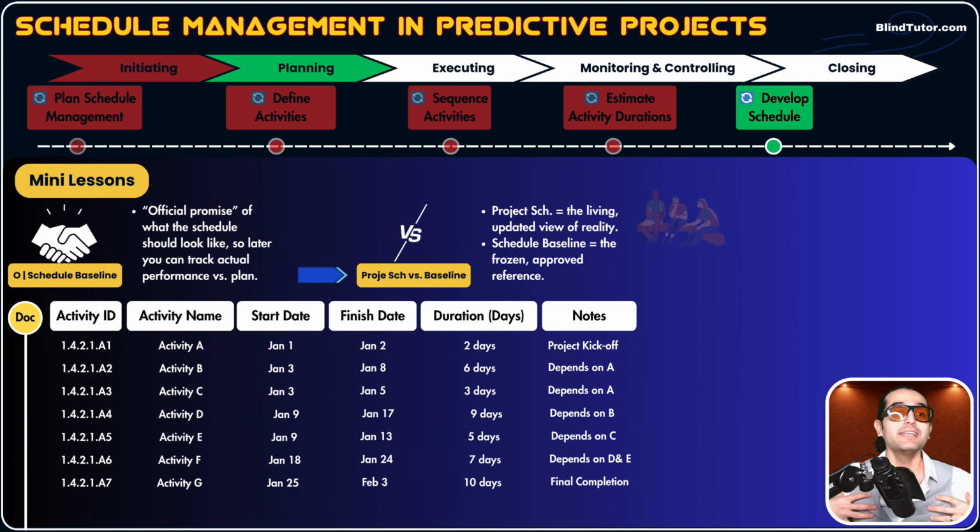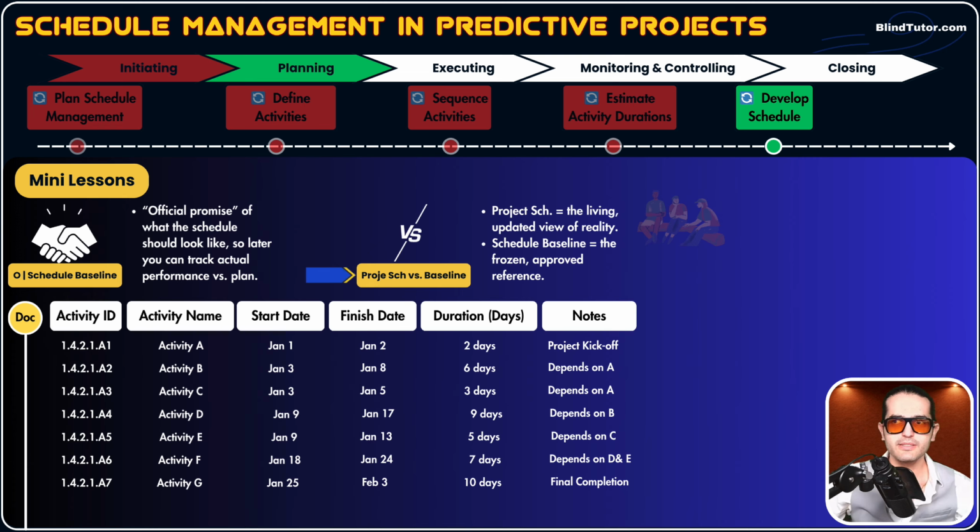We update the project schedule, but we won't update the schedule baseline. We only update the baseline through formal change channels, but the project schedule always reflects the reality of what's going on with the project. It is a document that is updated constantly based on current performance of the project. This is the difference.